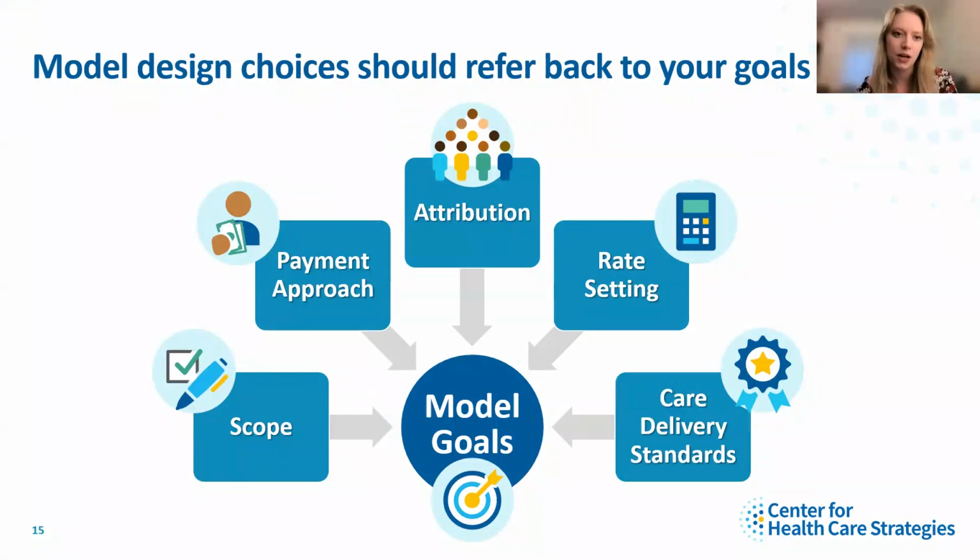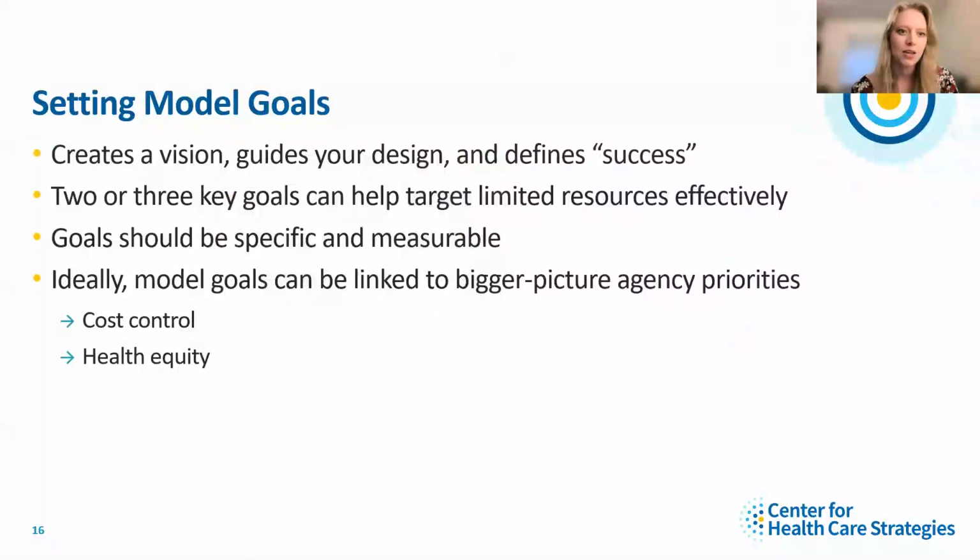So on the next slide, we'll think a little bit about what good model goals look like. Model goals create a vision, they guide the design of your primary care PBP model, and they define what success looks like in your model. It's really common for states to have goals when it comes to value-based payment, and they're often goals that look like the triple aim and the quadruple aim, right?